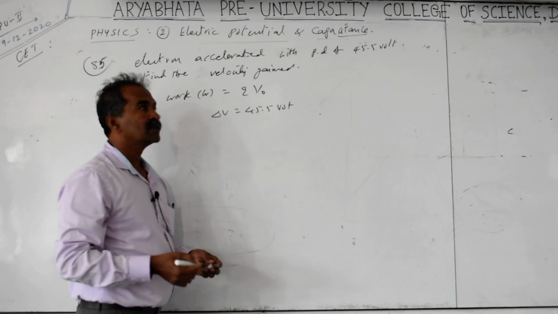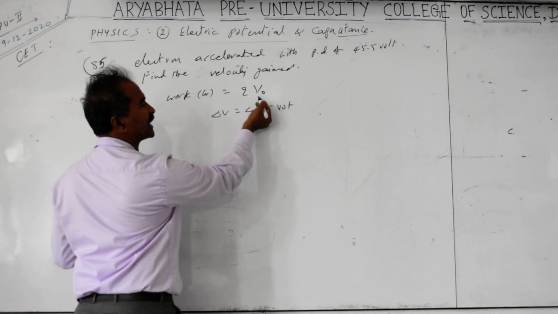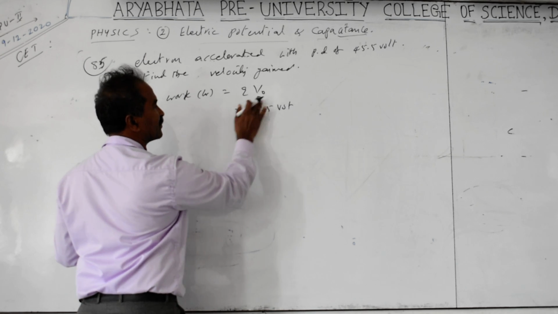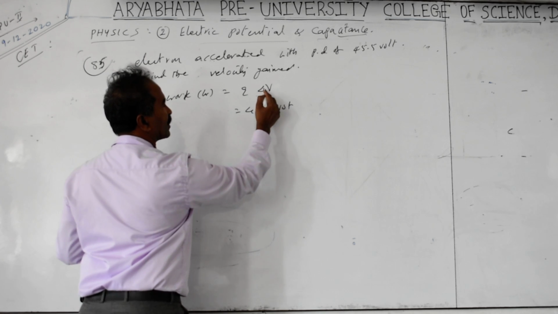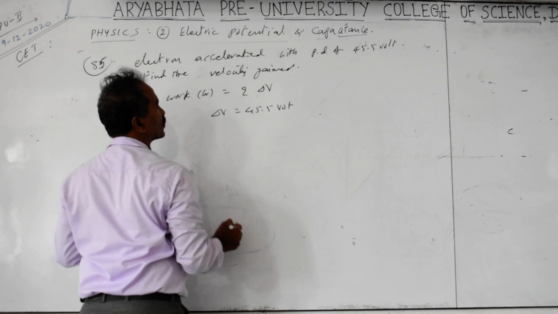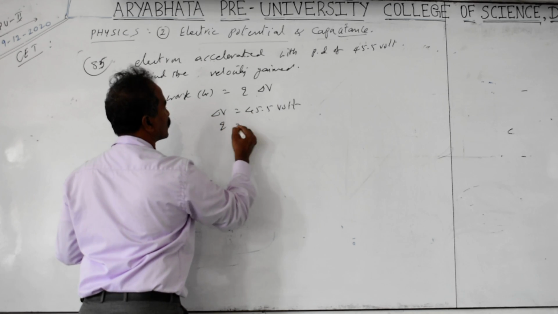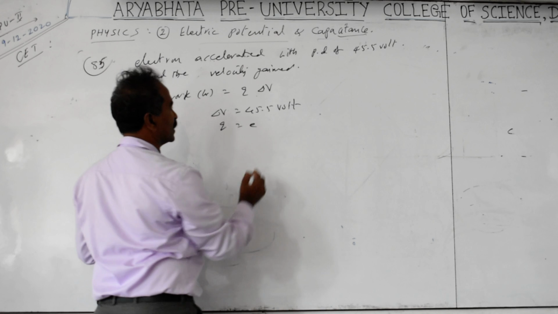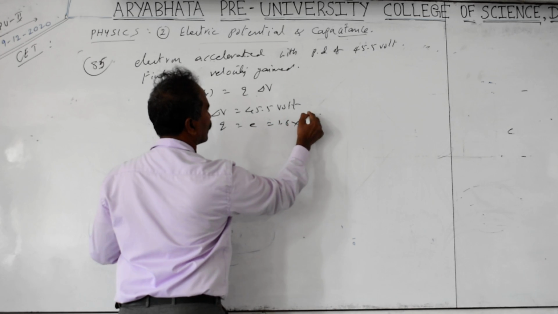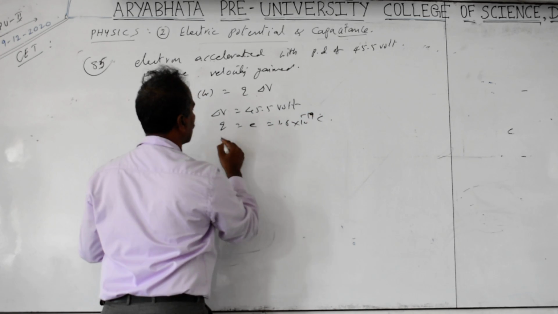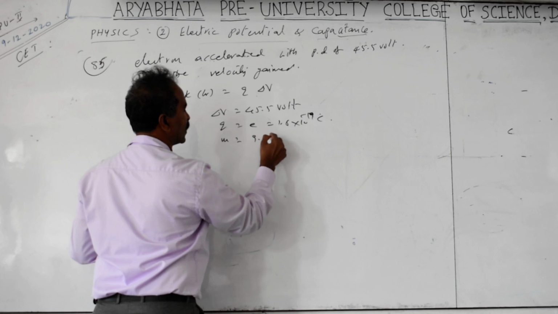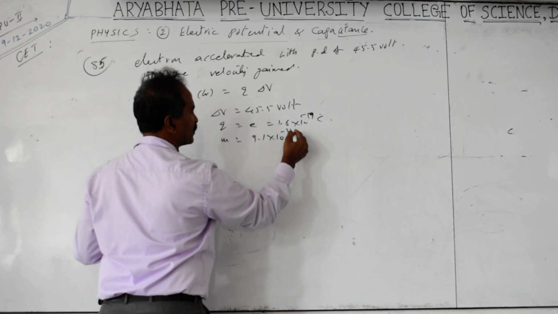That is left to your choice. Delta V is 45.5 volts potential difference, and charge you are moving is e, that is 1.6 into 10 to the power of minus 19 coulombs. Mass equal to 9.1 into 10 to the power of minus 31 kg.